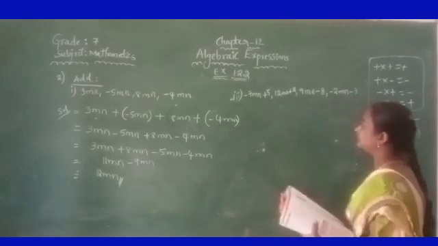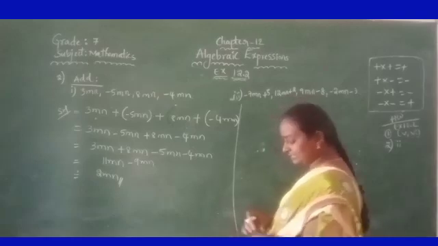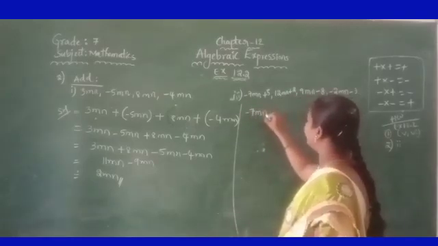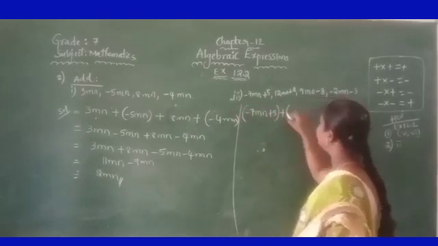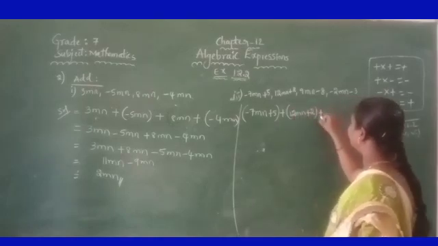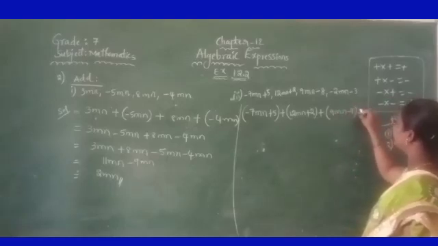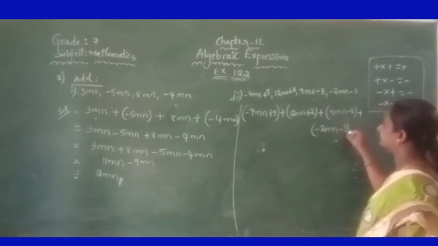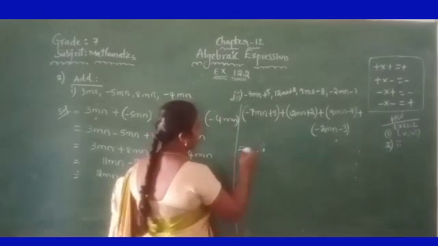Okay. So the terms are given like this. We have to add by using the plus sign. Okay. Minus 7mn plus 5. Okay. Keep this one in the bracket, plus 12mn plus 2 plus 9mn minus 8 plus minus 2mn minus 3. Right. Now simplify all these.